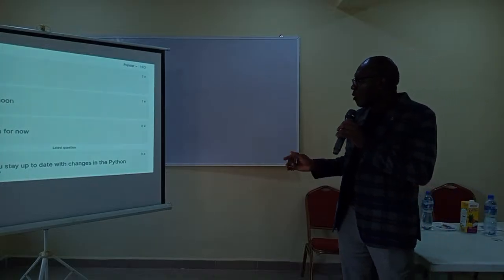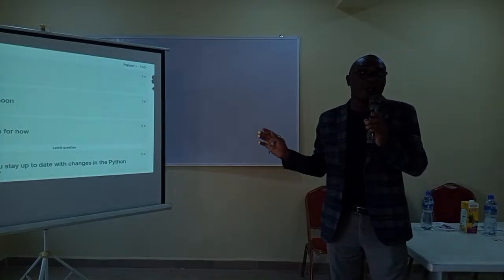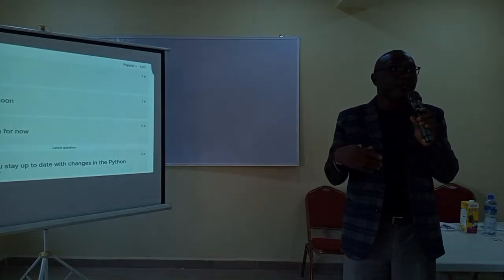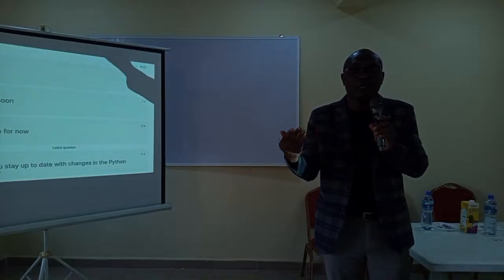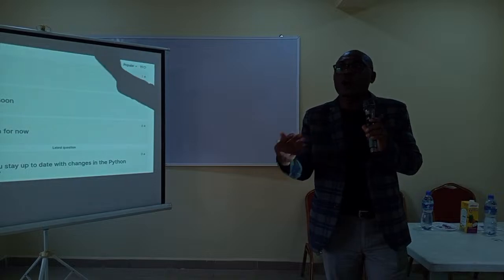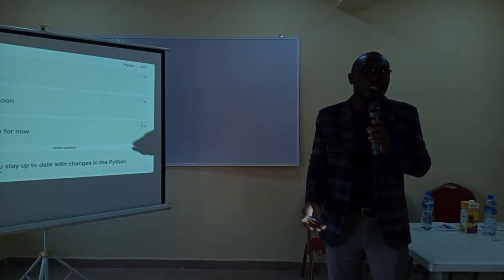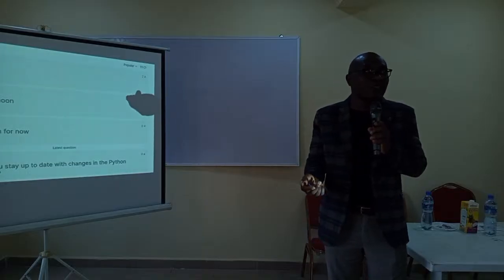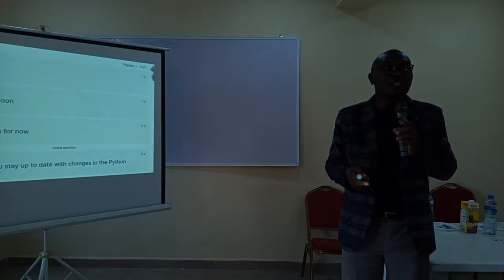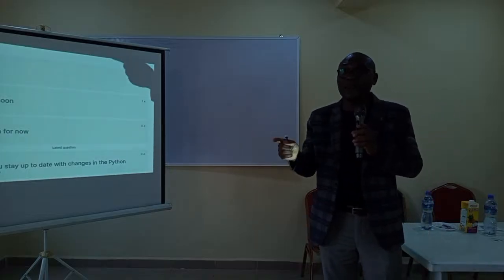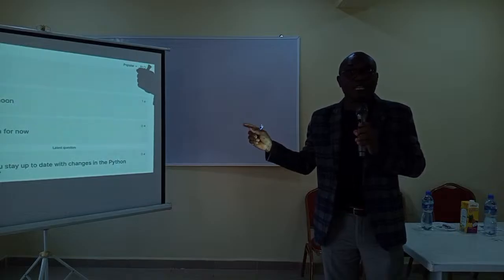How do you stay up to date with changes in the Python ecosystem? You can stay up to date as you work, because you will begin to see some changes. For example, when I started using Python, I started with Python 2, but now we have Python 3.13, which is about the latest.